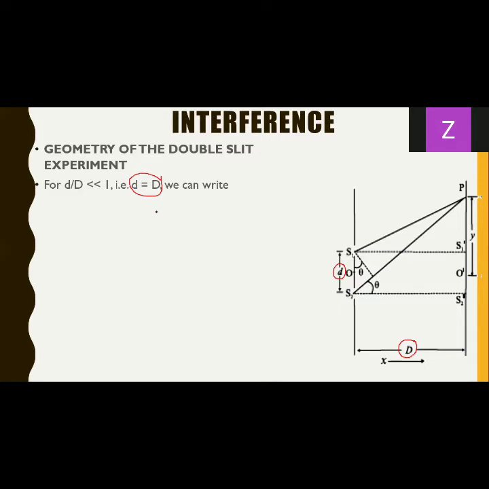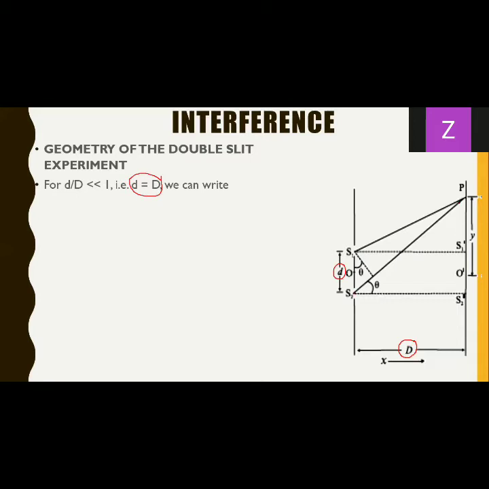So for small d is equal to capital D means what? This d is very small. Either it is equal to capital D or we can ignore it. So for that particular value, what we can say that S1P is equal to S2P. And as the distance it goes on increasing, the D it goes on increasing.